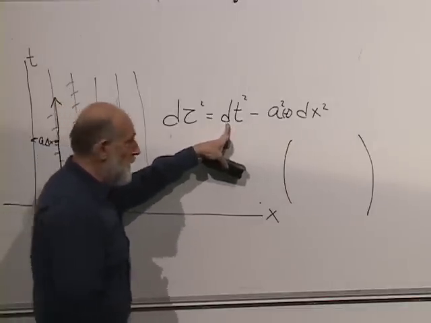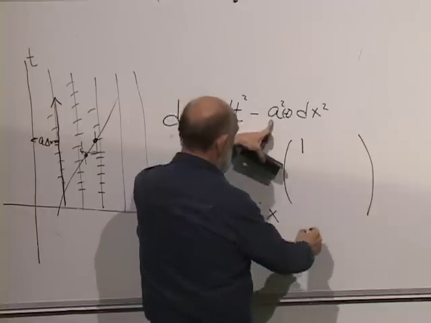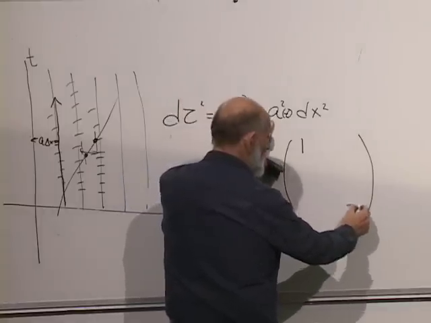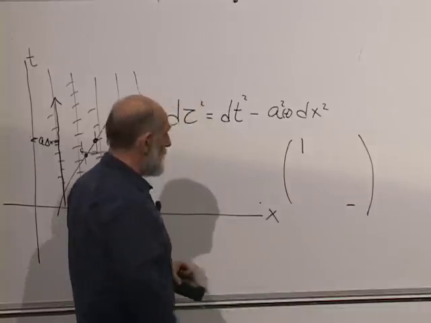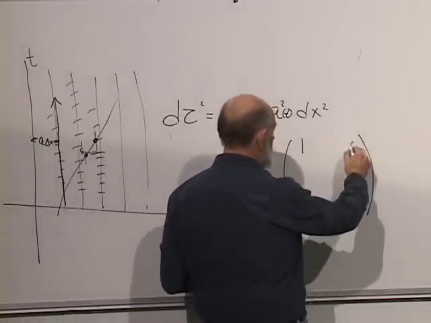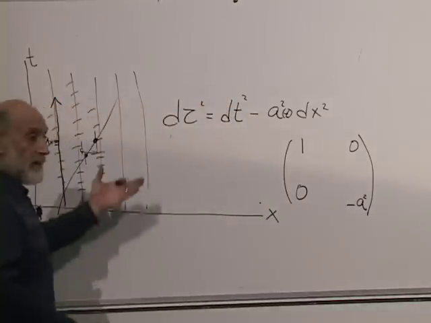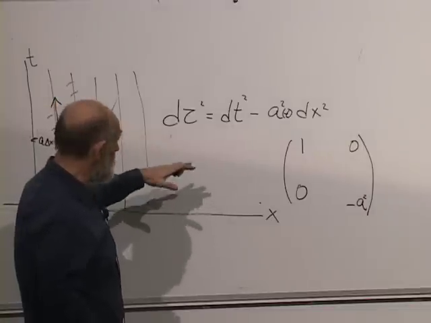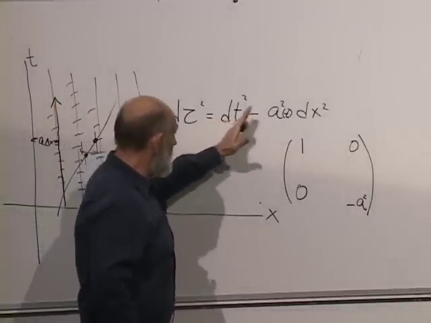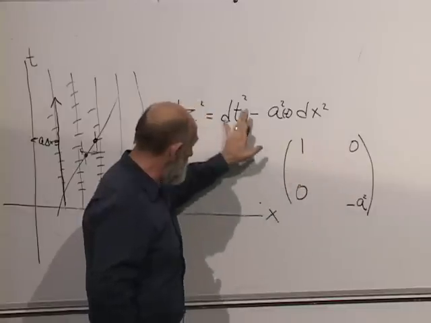The dt squared has a 1, and the space has minus a squared. The zeros represent the fact that in this formula, there could be terms, but there aren't, with dt times dx and dx times dt. So there are no off-diagonal terms.